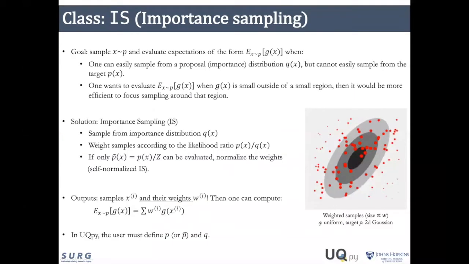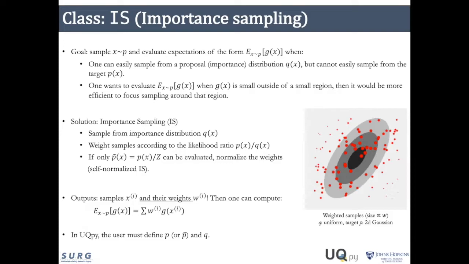Now I'm going to talk about importance sampling. It's another way to sample from a distribution, and it can be used when you can't generate samples easily from the target PDF, but you can generate them from an importance distribution, a slightly different distribution that I named Q here.